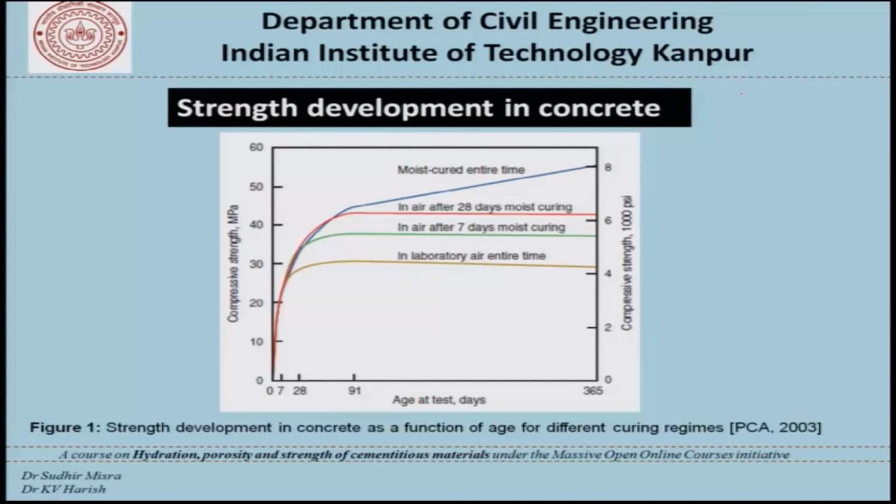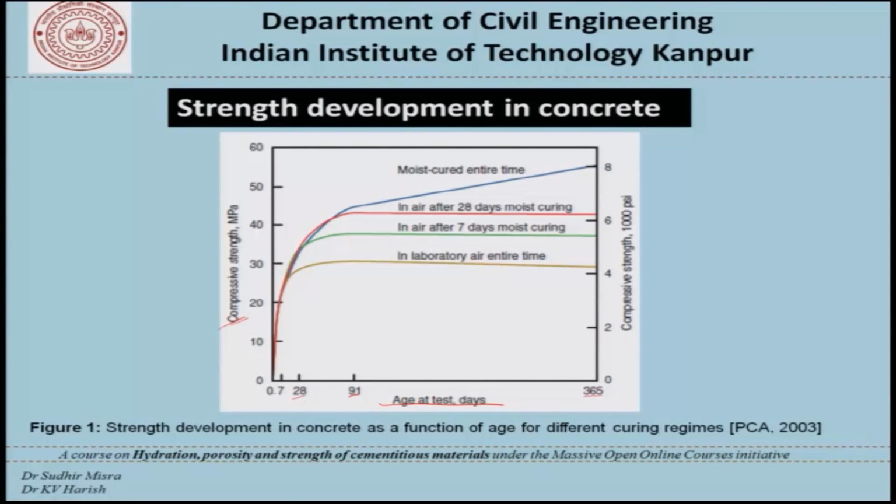Now, this is another graph which we have studied in a different context. This graph or this picture shows how the compressive strength of concrete varies with age. It can be seen that at 7, 28, 91 and 365, which are very commonly used ages at which the exercise to carry out the determination of concrete strength is carried out as far as engineering practice is concerned, how does the strength of concrete vary?